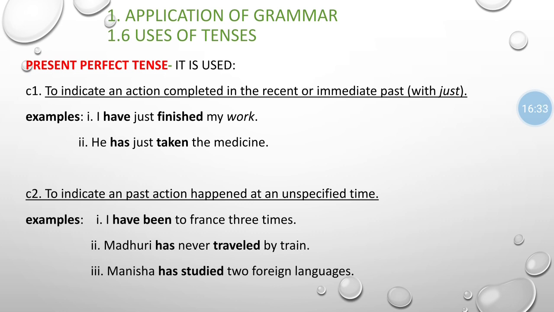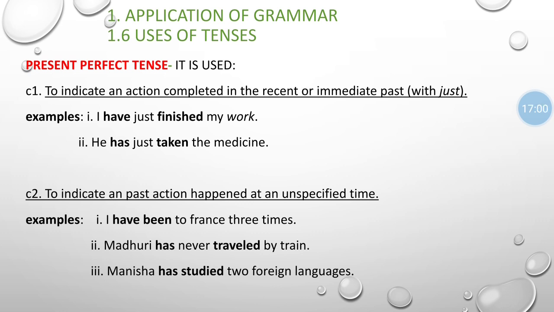To indicate a past action that happened at an unspecified time, we use the present perfect tense. I have been to France 3 times. In the past I visited France 3 times, but the time of visiting is not mentioned. That's why a past action in the recent past is indicated by the present perfect tense.